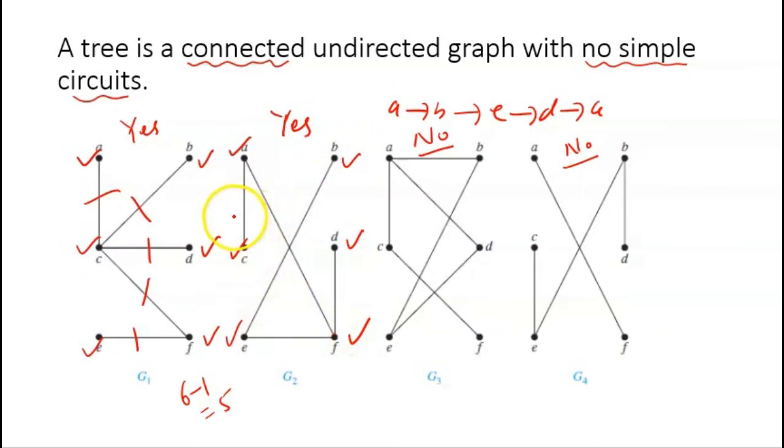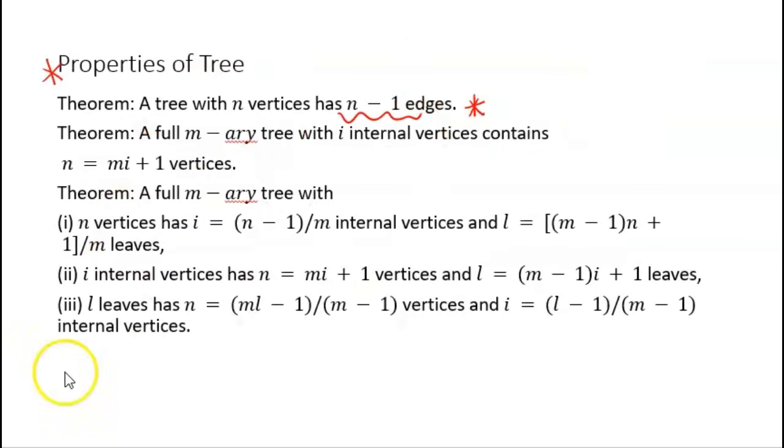So how many edges should it have? It should have 5 edges, 1, 2, 3, 4 and 5, right? So this is a very important property of the tree, that if there are n vertices, then it will have n-1 edges.